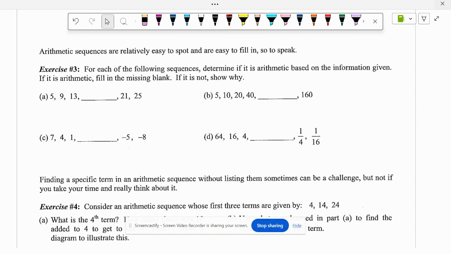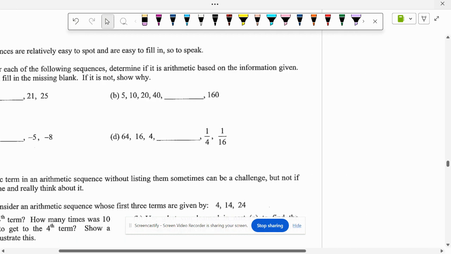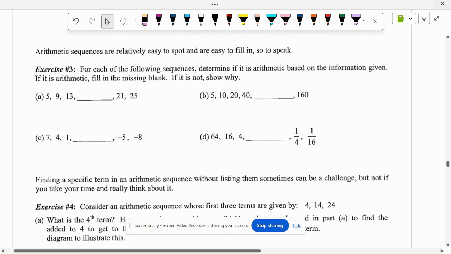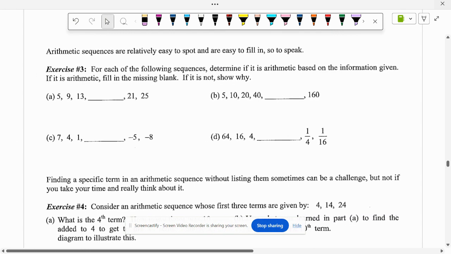So let's look at this first one. So tell me, in example A, am I adding or subtracting the same amount to get to each term? I'm adding, right? What am I adding each time? I'm adding 4.